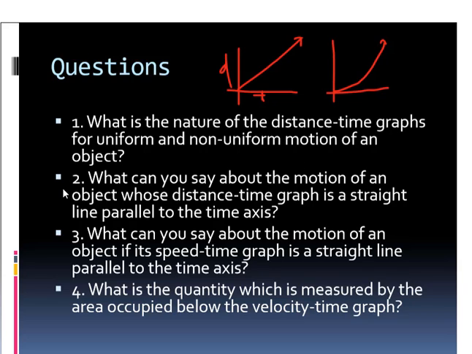Okay. Second question, what can you say about the motion of an object whose distance time graph is a straight line parallel to the time axis? So what it is trying to tell you, let me draw a bigger diagram here. Suppose this is a distance time graph, this one is distance, this is the time.